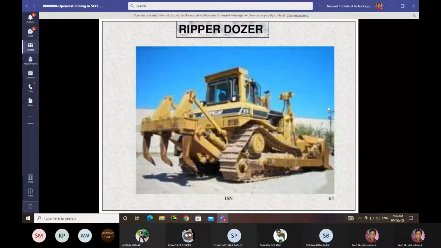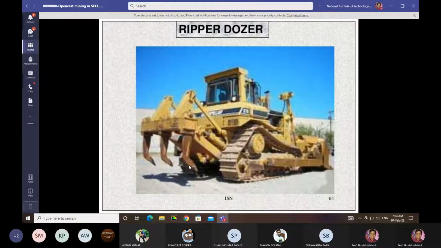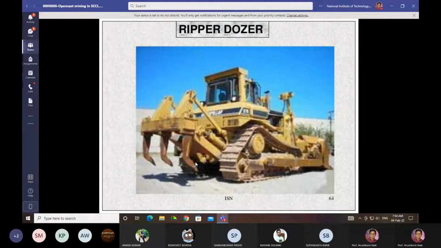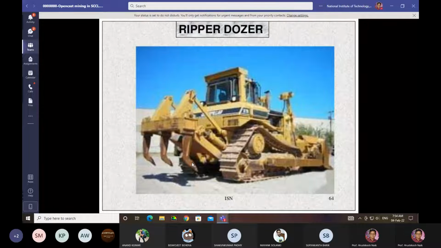For reaping the minerals, the Damanjudi bauxite mining in Odisha under Nalco, National Aluminium Company, they are using the reaper dozers for mining the bauxite, and these reapers are used to reap the material.